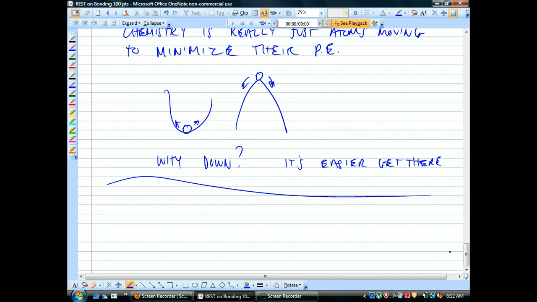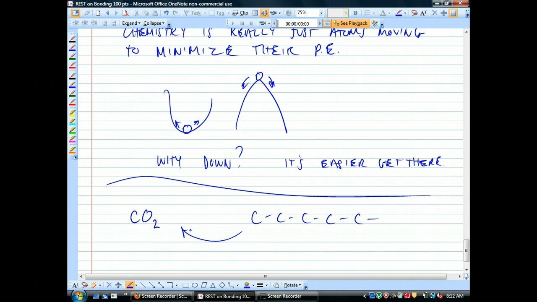By the way, the carbon atoms in your body are not in their lowest potential energy positions. The carbon atoms in your body would be much happier as CO2. And they're trying to get there all the time. And it's a constant struggle for your body to keep them in this kind of a form and keep them from going to this.